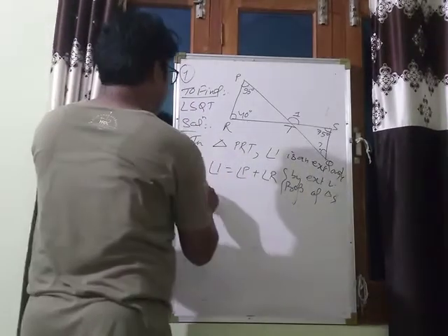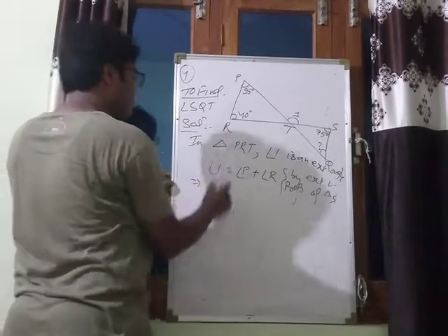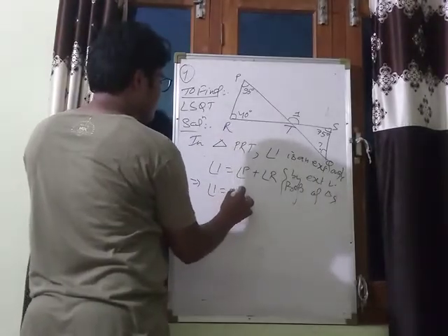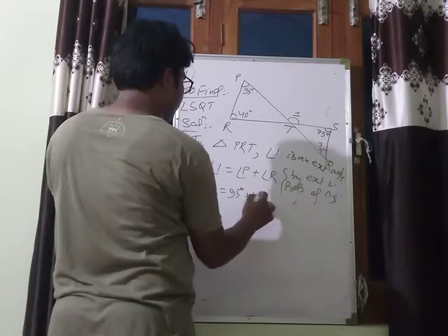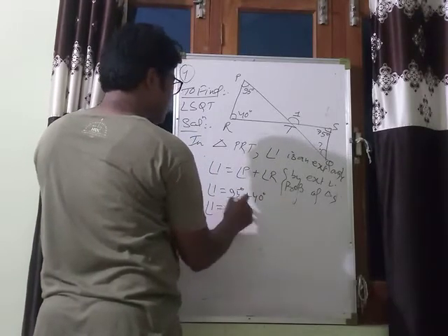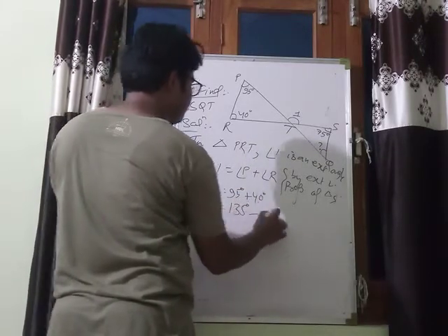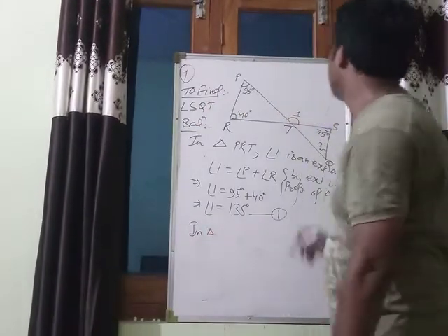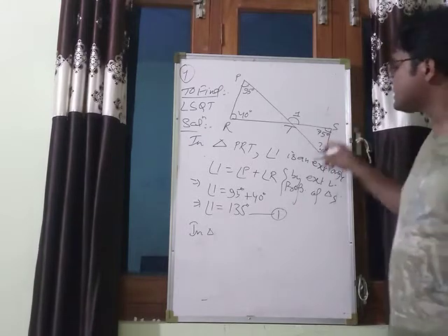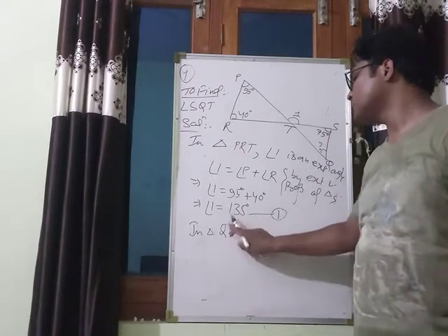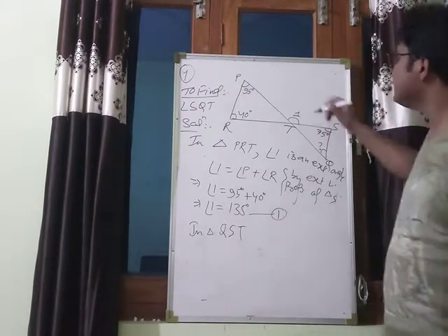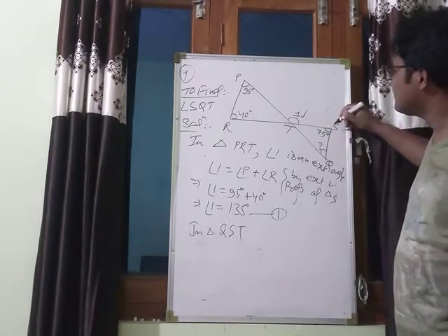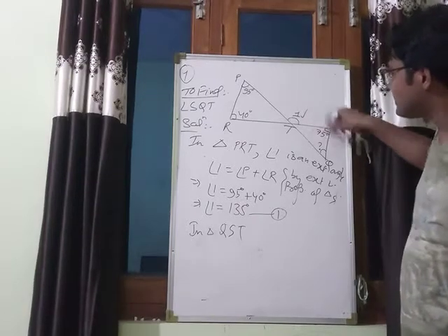Clearly, angle 1 is equal to 95 plus 40. That is, angle 1 is equal to 135. Now in triangle QST, actually this angle 1 is also an exterior angle for this triangle QST.